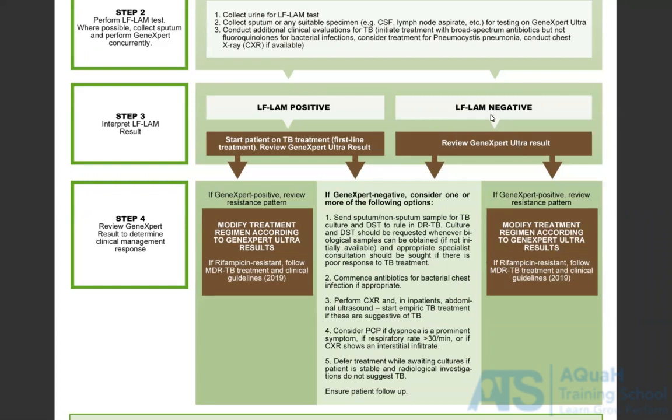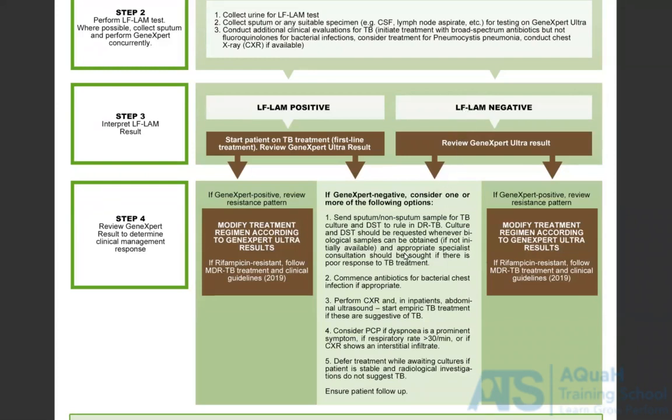If GeneXpert is positive, you treat your patient. If your LAM is negative and your GeneXpert results are negative, you need to still consider the clinical presentation of your patient. If the patient is still symptomatic and you are suspecting TB, these tests do not absolutely exclude TB, right?